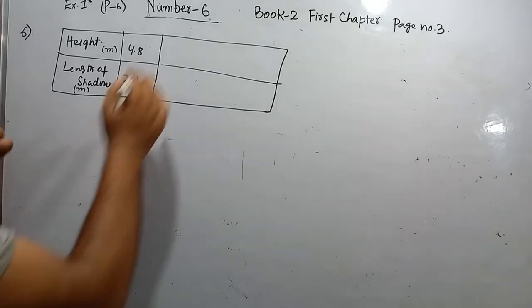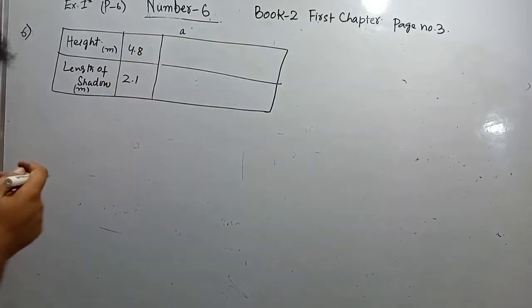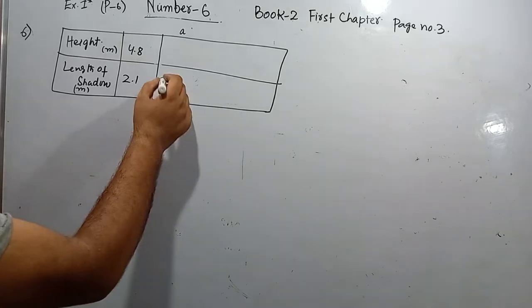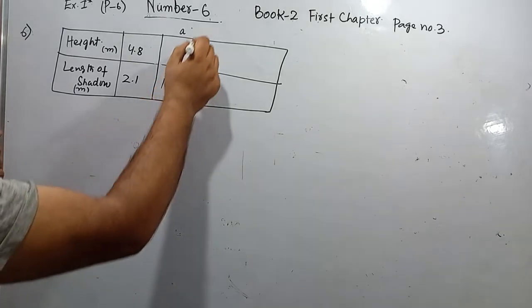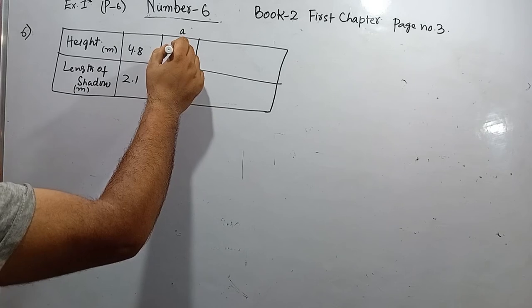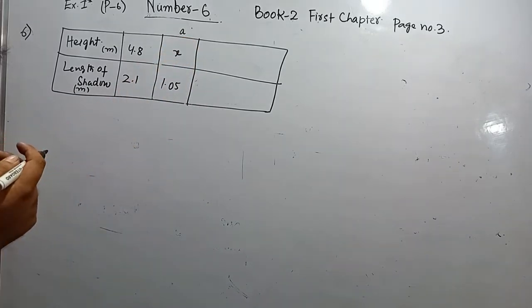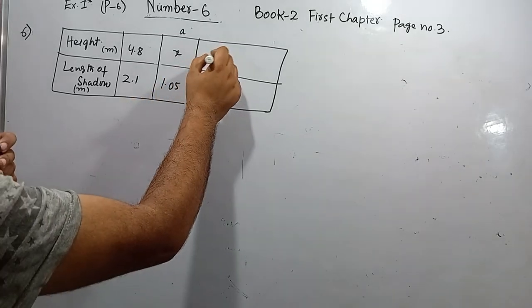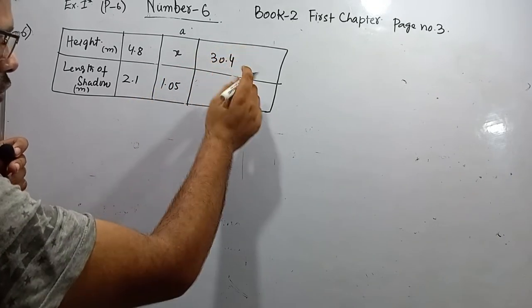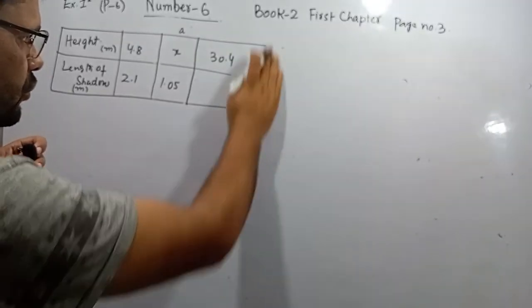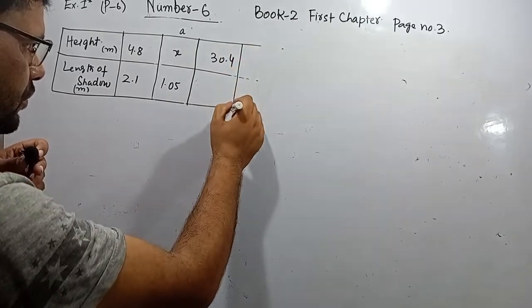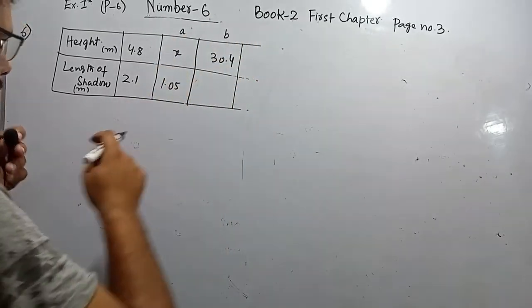Now the first part of the question is part A: find the height of a nearby bus stop with a shadow. Here the shadow is 1.05. We need to find this value, let it be x. And the next is a nearby church spire that is 30.4 meter tall, and we need to find its shadow. This is part B.